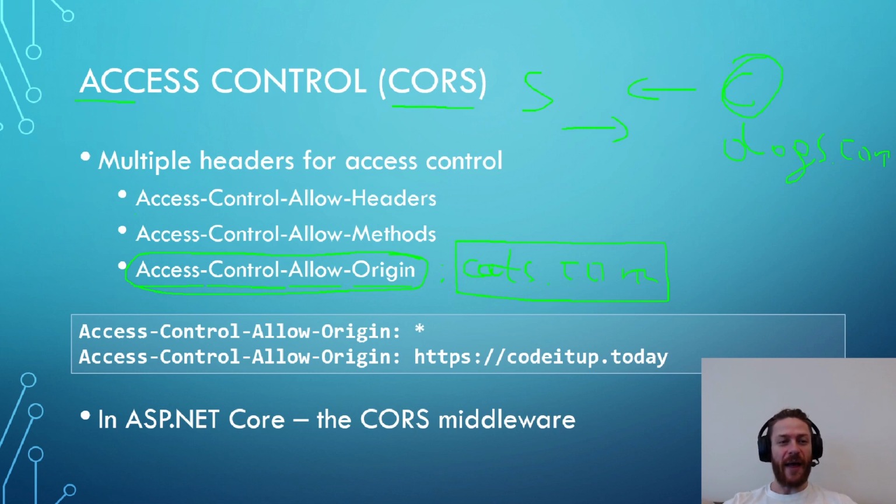So we can give access control to our API or our server by adding these headers. I can specify, okay, I'm not allowing anything else but GET methods. So anyone trying to make a POST request here will receive an error.